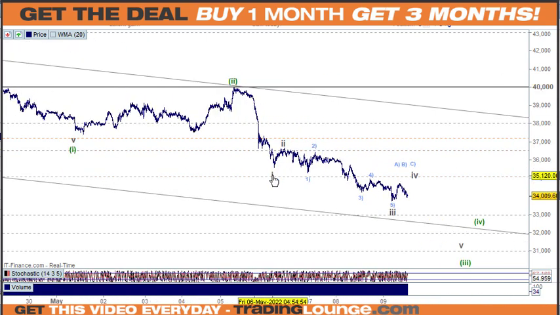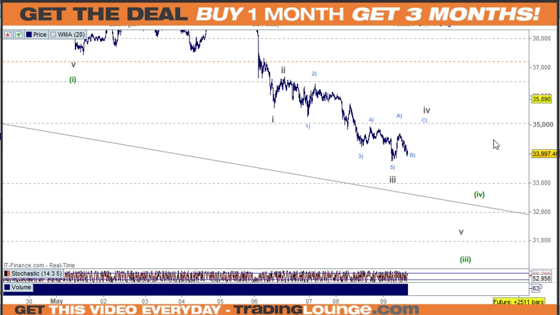So as we just mentioned before, then 1 and 2, and then probably 1, 2, 3, 4, 5 for the 3rd, the 4th and the 5th here. That fourth may be in there, or there may be some sort of ABC thing here for this. I'm not quite sure, but that 35 could do with a decent retest, but it may not get it, and may just continue to come down at that point, and we're looking for wave 5 down here.